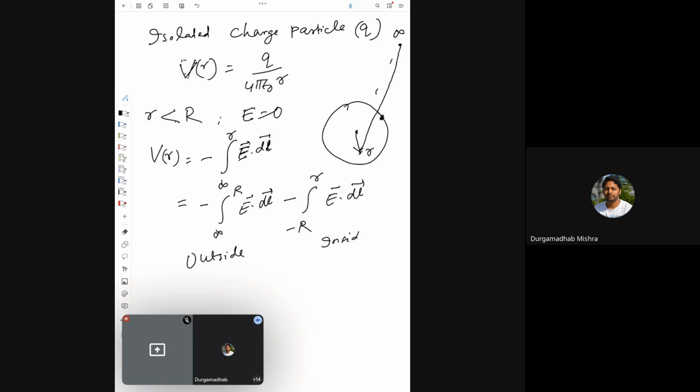The inside part will be 0 because the electric field is 0. So what we have is only the outside part, the integral from infinity to R of E dot dl. We know what E is outside.